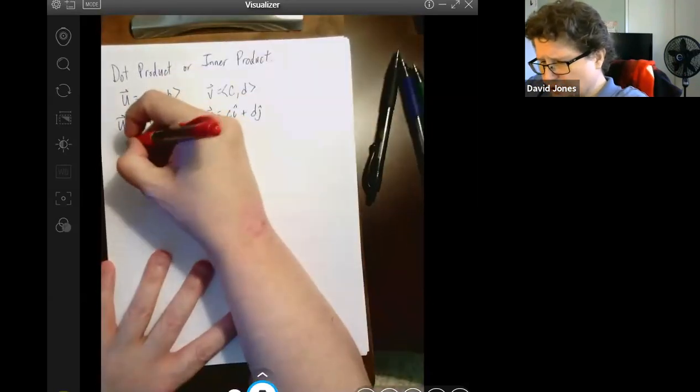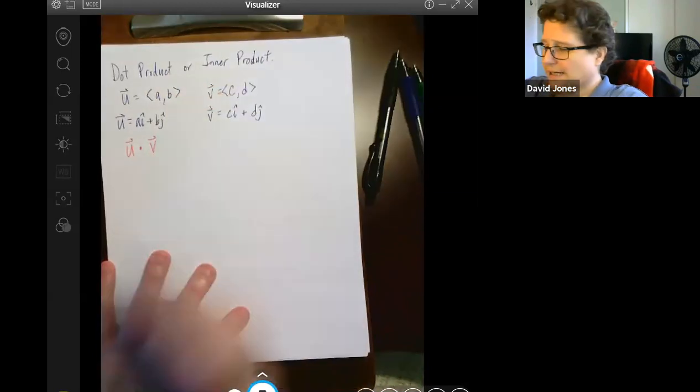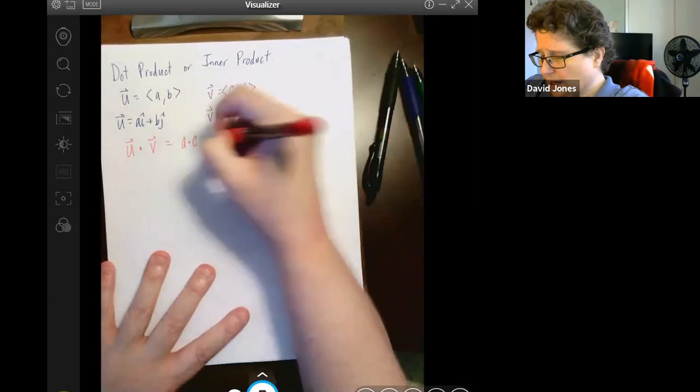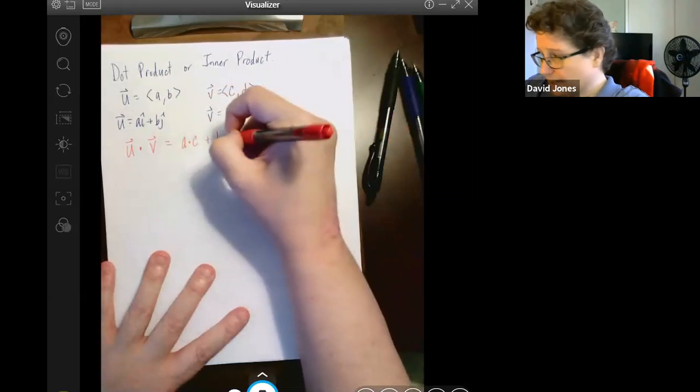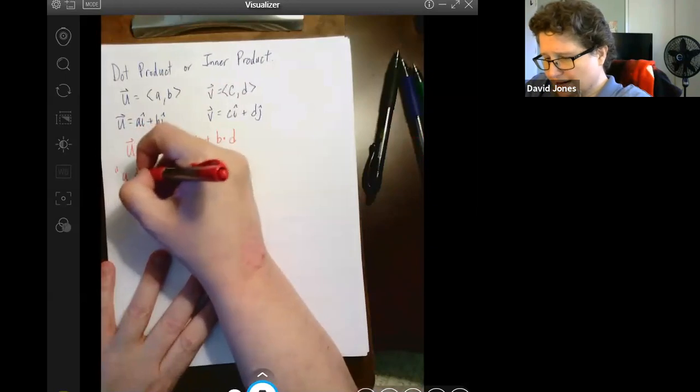The vector u dotted with vector v, this is what it looks like, is equal to A times C plus B times D. This is read as u dot v.